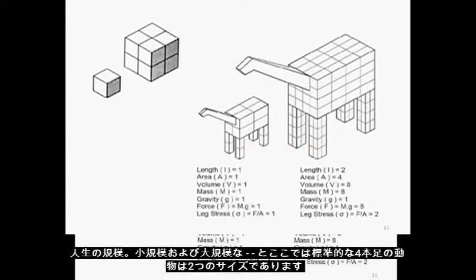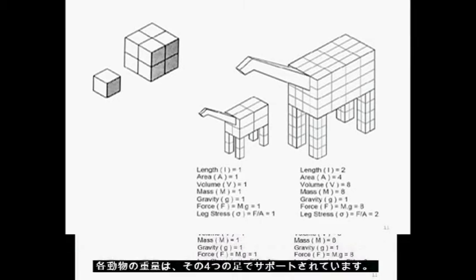Here is a standard 4-legged animal in 2 sizes, small and large, with the weight of each animal supported on its 4 legs. Just like the simple box, the linear dimensions, height, width and breadth, of the large-scale animal are twice those of the small animal.